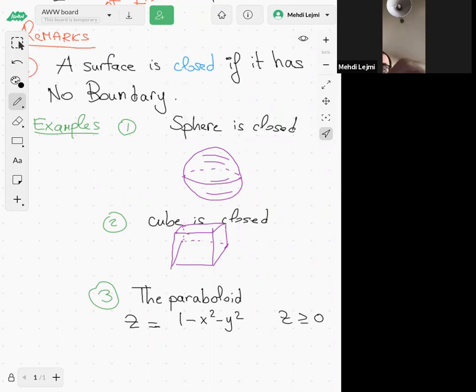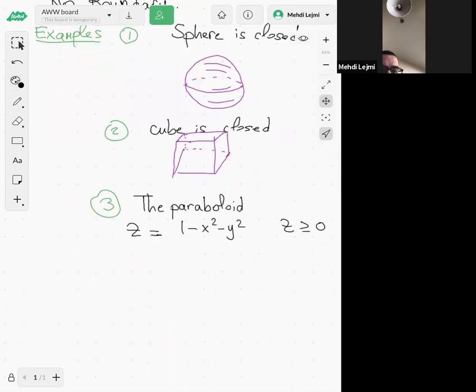If you try to graph this paraboloid, right? So we have this paraboloid. The surface S is this one here. This is the surface S.